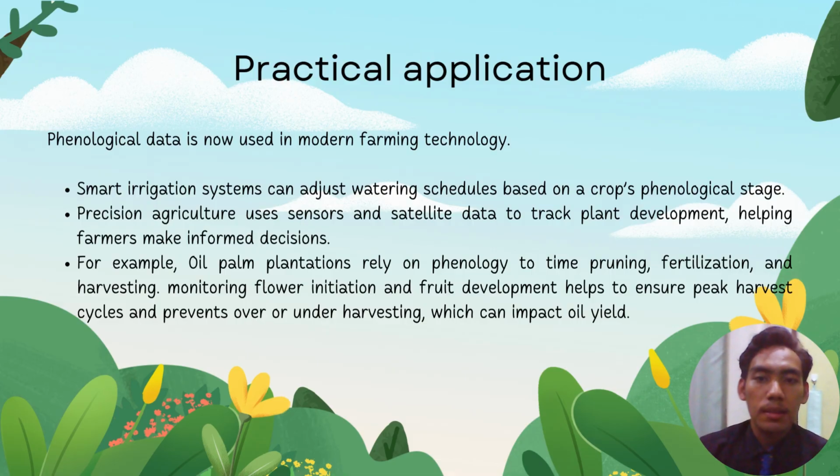For example, oil palm plantations rely on phenology to time pruning, fertilization, and harvesting. Monitoring flower initiation and fruit development helps to ensure peak harvest cycles and prevent over or under harvesting, which can impact oil yield.